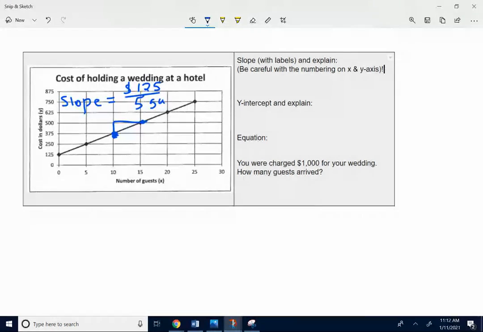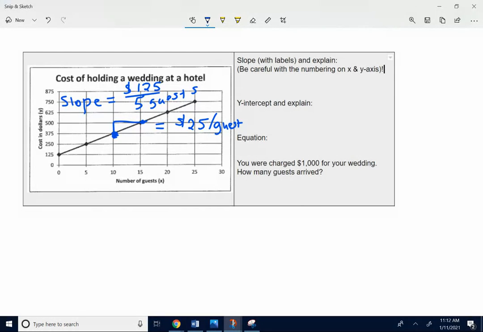So the slope is $125 over 5 guests. Go ahead and simplify that. 125 divided by 5 is 25. So it's $25 per guest.